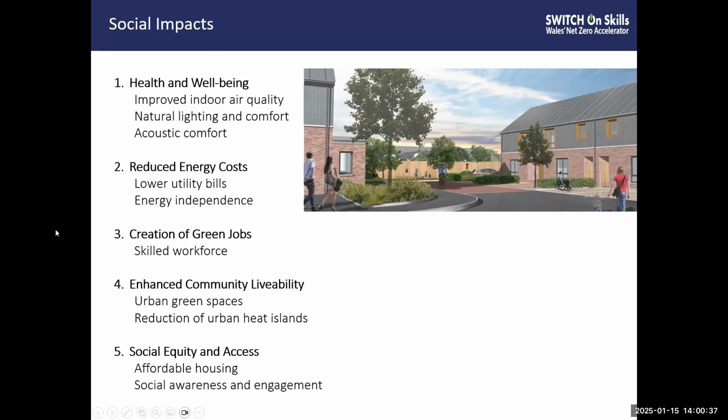Hopefully, if everything goes well, we'd have reduced energy costs, lower utility bills, importantly, energy independence as well. Creation, of course, of green jobs and a skilled workforce. And also we could start to see perhaps urban green spaces and reduction of urban heat islands if we're incorporating the sort of vegetation into our designs as well.